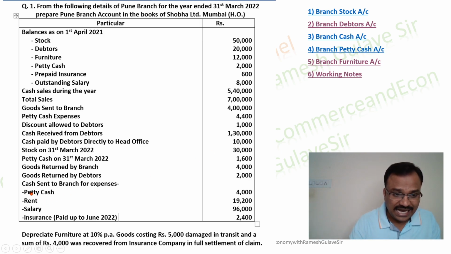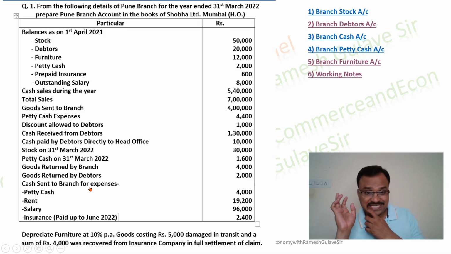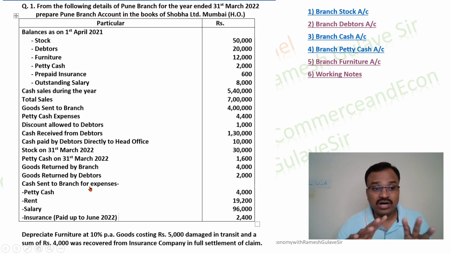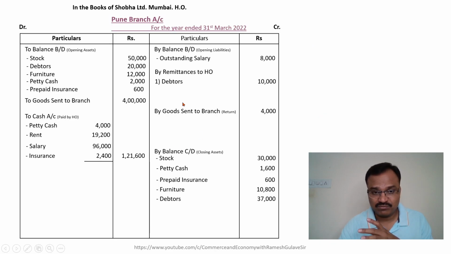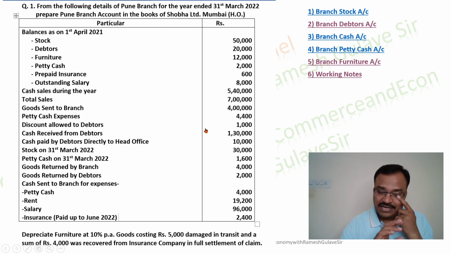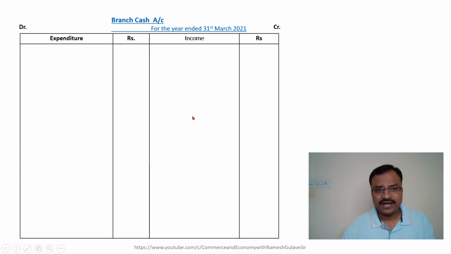Cash sent by head office to branch to meet the expenses is given, but we need to calculate the cash sent by branch to head office. For that purpose, we need to prepare the branch cash account, and we are going to find out the amount of cash.